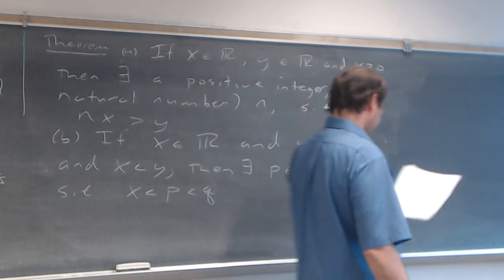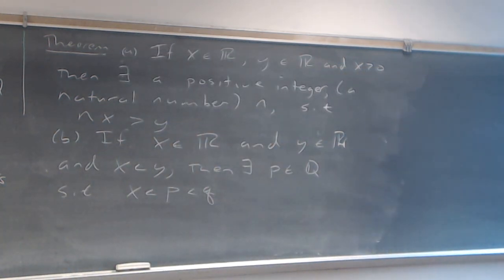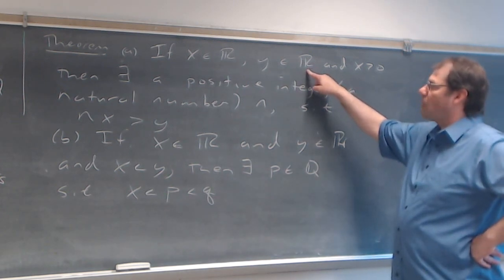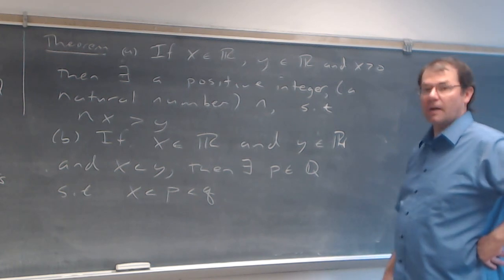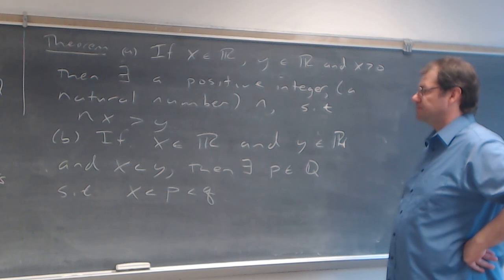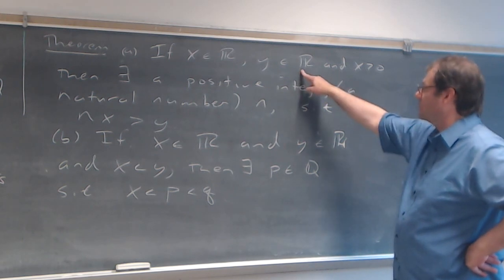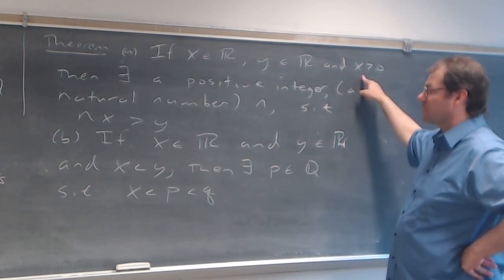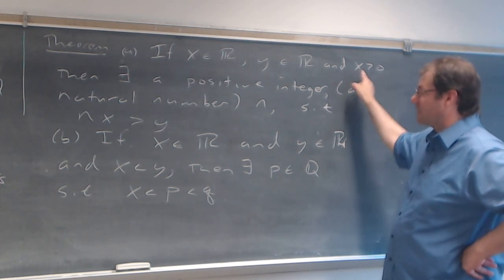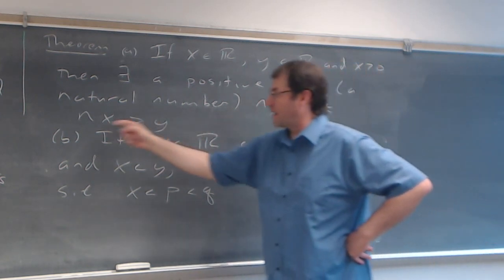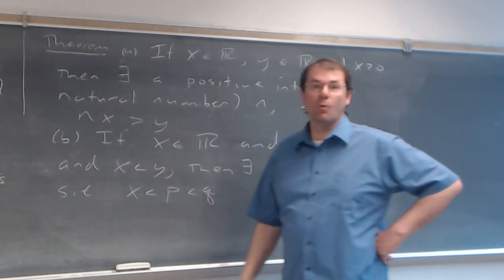I want to make comments about what each one of these parts of this theorem are saying. So first of all, this part is really saying that the set of real numbers is not bounded above. You give me any real number, then I can take any positive number you give me, and I can find a natural number, then I multiply that positive number by that, and I get bigger than y.